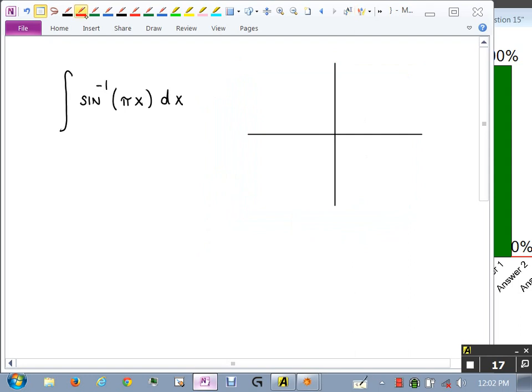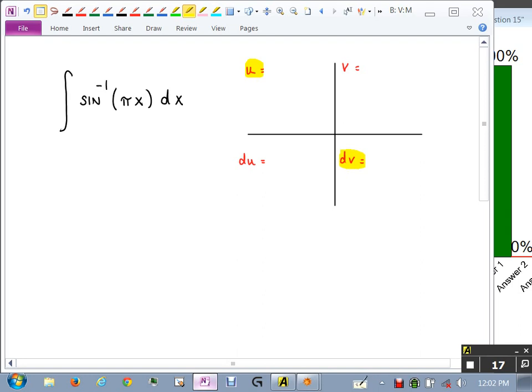And if I'm going to use integration by parts, I'm going to have to complete this table, which means I have to choose something for u and something for dv. Those are the two things I have to figure out if I'm going to proceed with this approach.